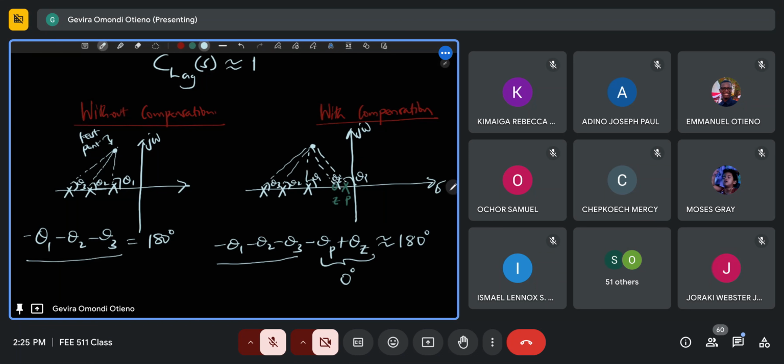That's exactly why I was explaining that the only way we can make sure that the pole and the zero cancel out, which is basically what we are saying, is that they must be as close as possible. And they must also be as close to the origin as possible. That is a very important point in the design of the lag compensator, so please remember it.